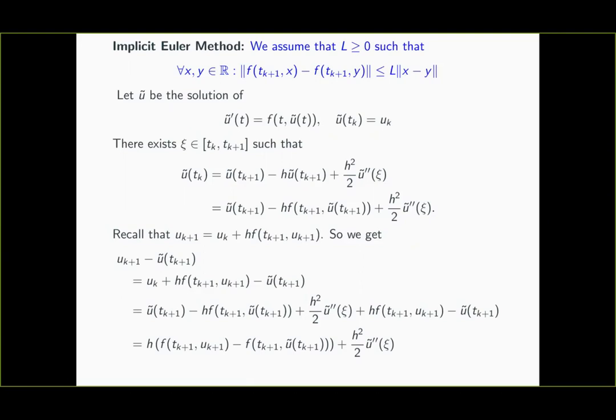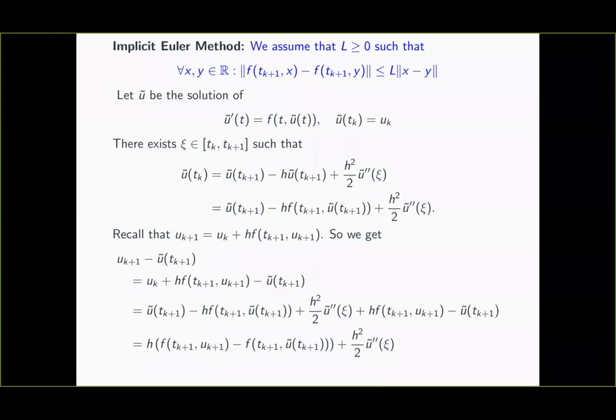For the error analysis, we again use the Taylor approximation theorem. This time we develop u tilde around time t_{k+1} to get a formula for u tilde at time t_k.